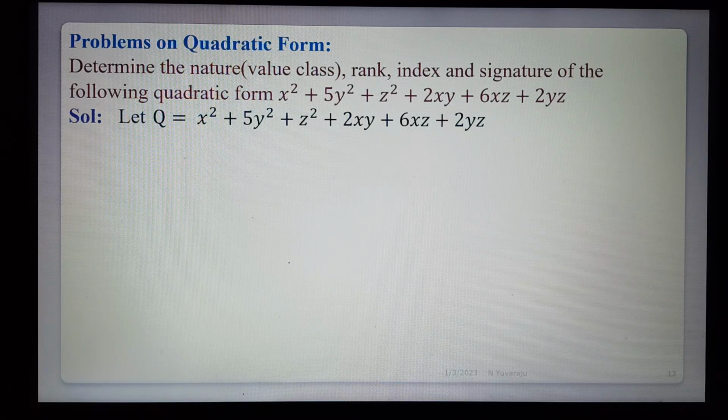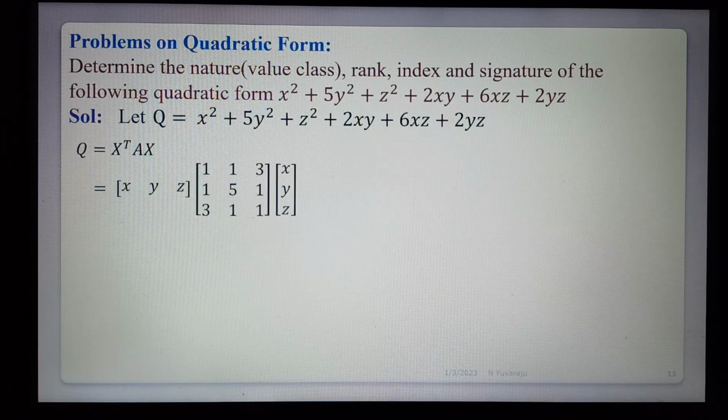That is Q is equal to X transpose AX, finding the coefficient matrix. X transpose is the unknowns, three unknowns x y z. For matrix A, the x square, y square and z square coefficients are the diagonal elements, that is 1, 5, 1.